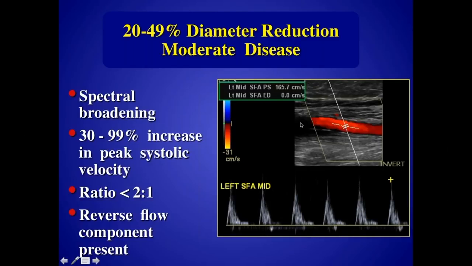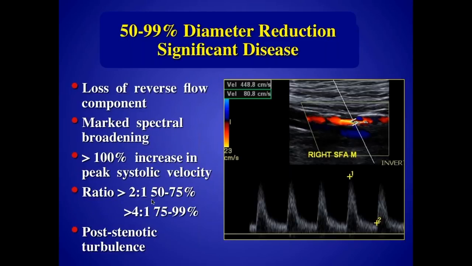We will then march the sample volume back into the normal segment, get that velocity, and if it's almost double but not quite the peak systolic velocity, we'll say it's about a 20 to 49% lesion or moderate disease. The key here is that there isn't a doubling of the peak systolic velocity, so the ratio is less than 2 to 1.